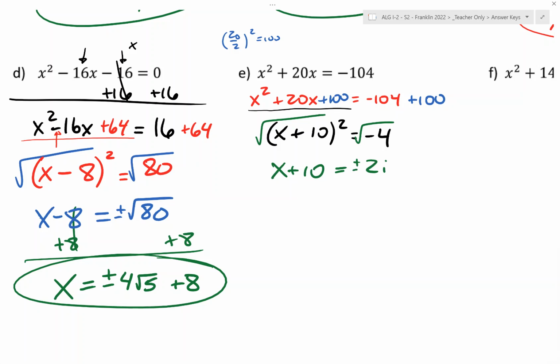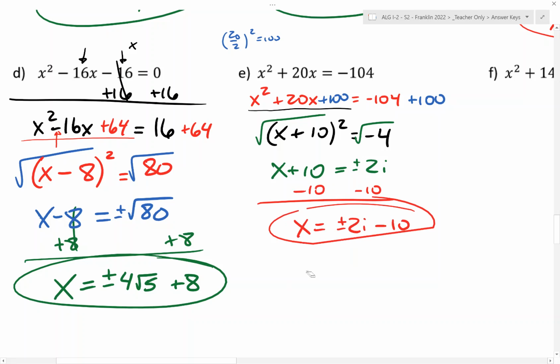Don't forget, the square root of negative 1 is i. So we get positive and negative 2i. Then we're going to subtract 10. So x equals positive and negative 2i minus 10. And there's a good solution there.